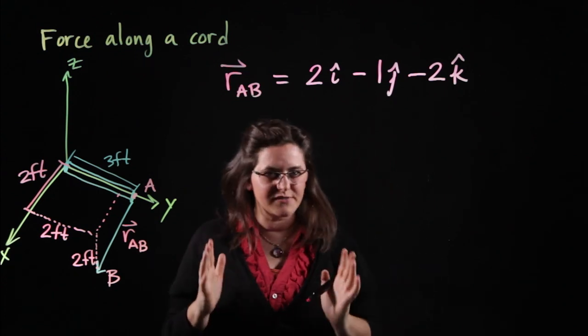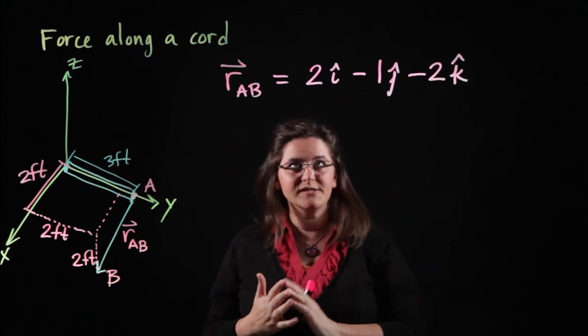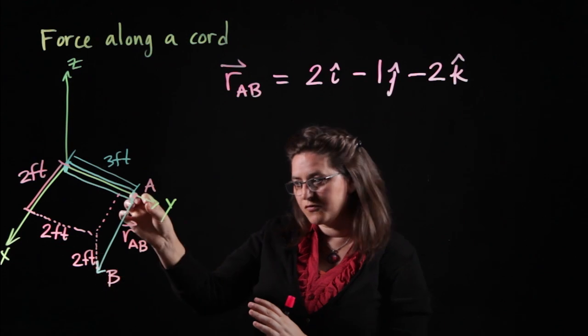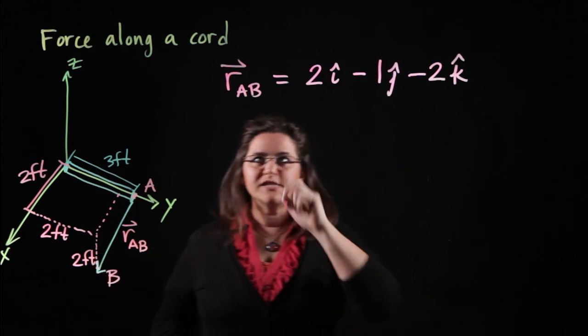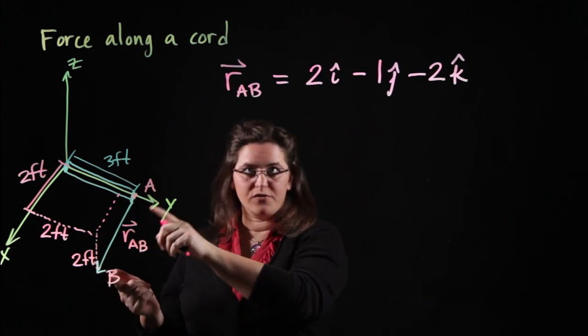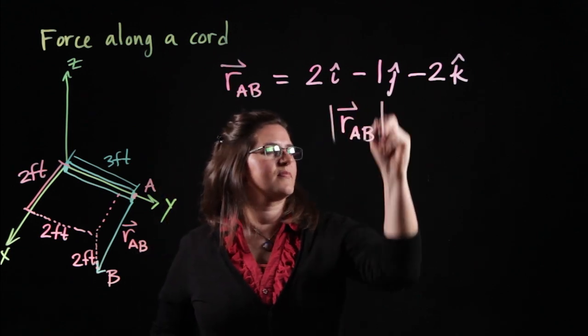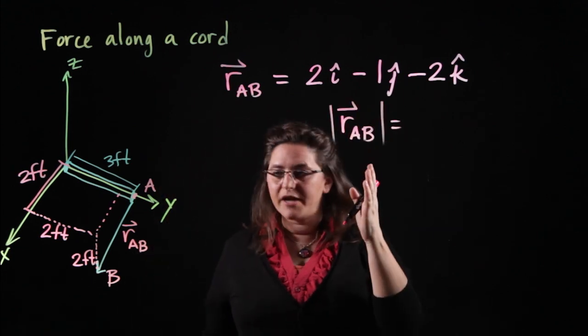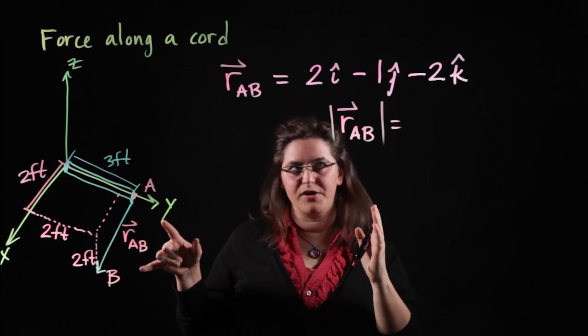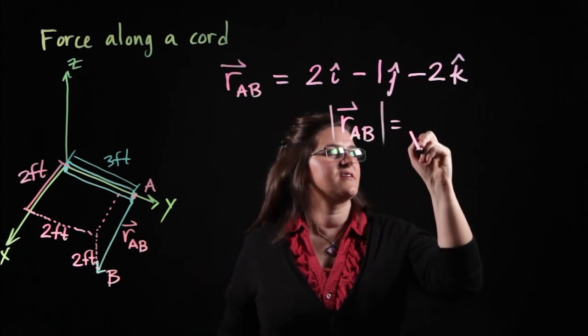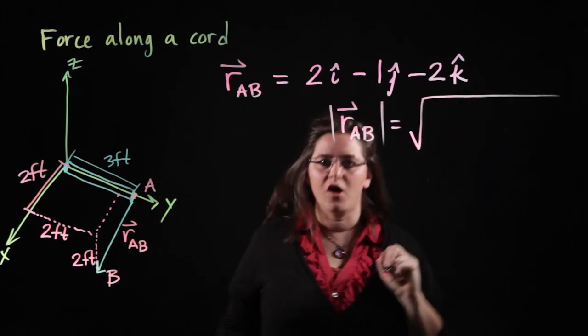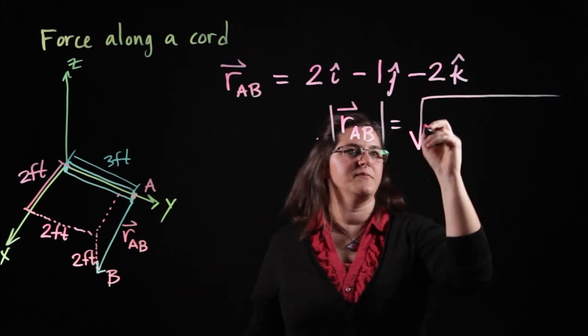All right, the whole purpose of this question is to find the force on this cord, or the force within the cord. So let's find the length of this cord first. The length of the cord, in other words, the magnitude of this vector RAB, is the square root of all the components squared and added together.